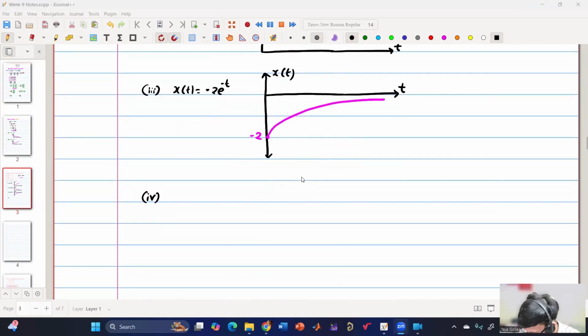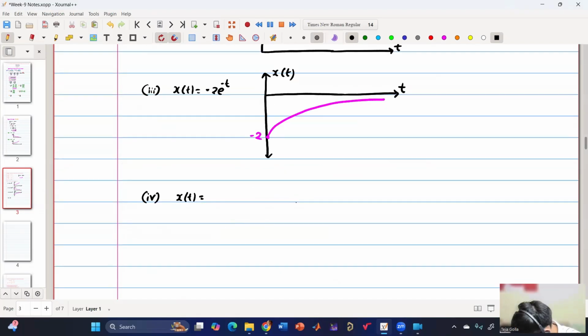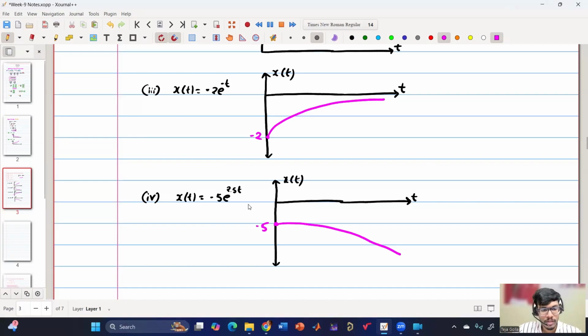So x of t is minus 5 into e to the power 2.5t. It will start from minus 5 and then exponentially increase in this direction because the coefficient is positive.